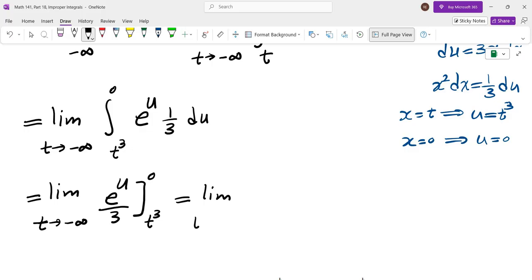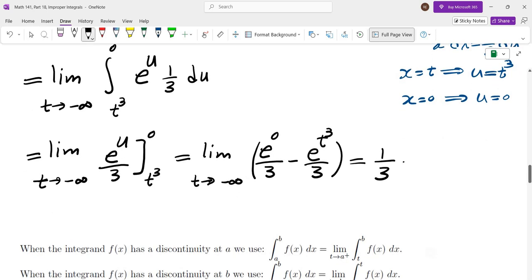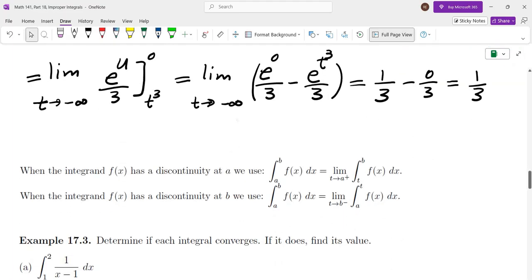Let's plug in the endpoints. We get e to the power of 0 over 3 minus e to the power of t cubed over 3. The first term is 1/3, minus e to the power of negative infinity, which is 0, so that's just 0 over 3. So the answer to this one is 1/3.